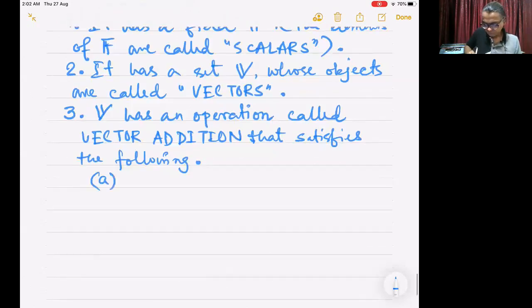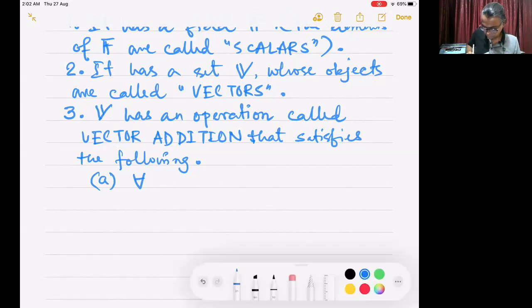Number A, for all... Okay, let me write it this way.